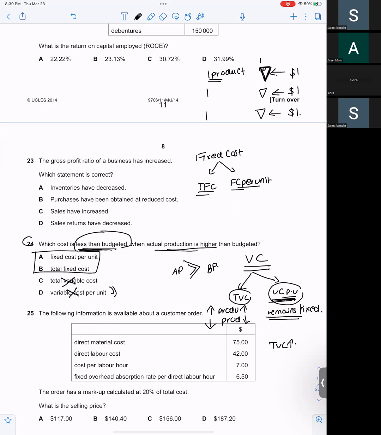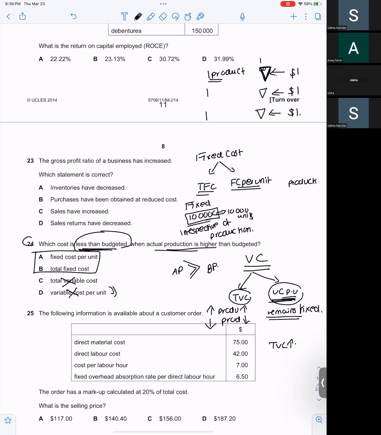Let's see. Total fixed cost always remains fixed. If I am spending 10,000, total fixed cost will always remain 10,000 irrespective of production. Are you with me? If the production is increasing, say I spend 10,000 for 10,000 units.